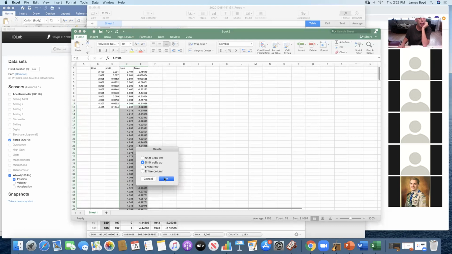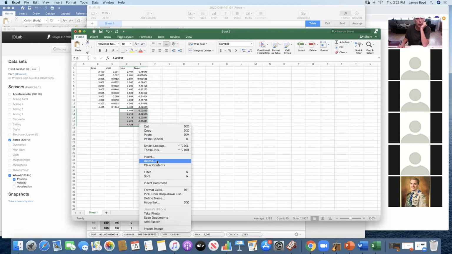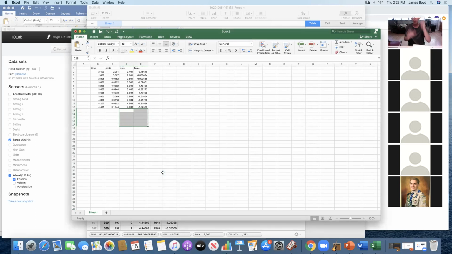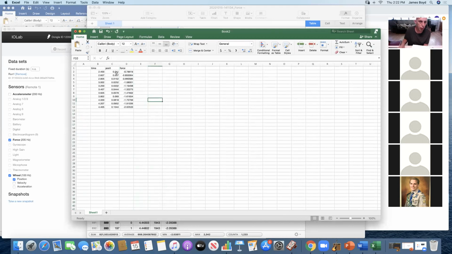Essentially what I've now done is I've made it so that my data relatively matches in time. I can delete this column now, and if I need to move position, I believe it's Y then X in Excel, but I always forget.